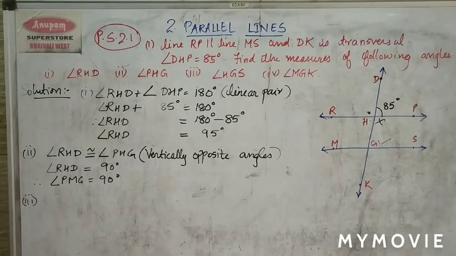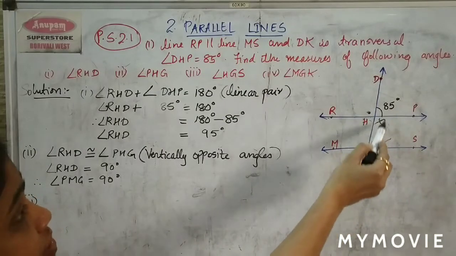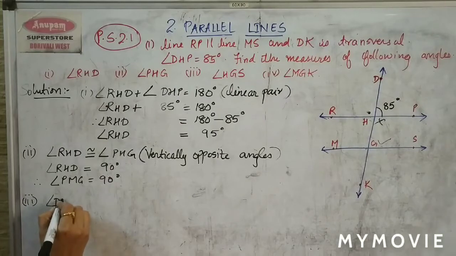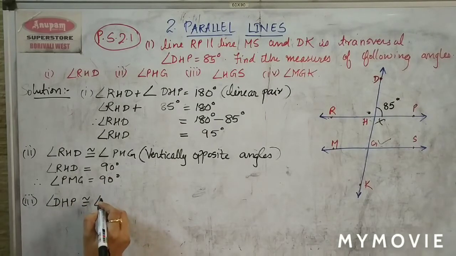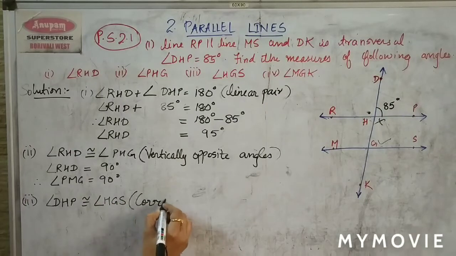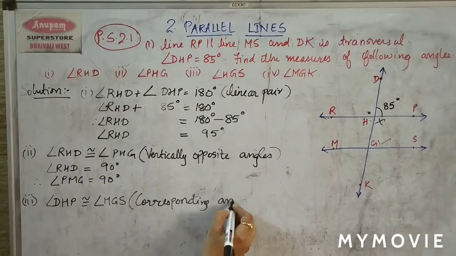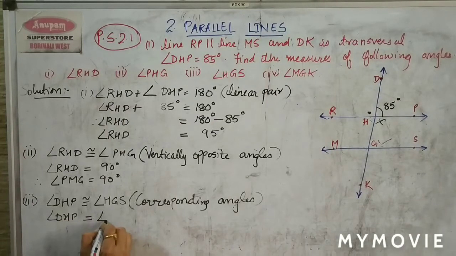We'll say that angle DHP is congruent to angle HGS because they are corresponding angles. So I write down angle DHP is congruent to angle HGS. Reason being they are corresponding angles. Okay, so now since DHP is congruent, in the next step I write that DHP is equal to HGS.